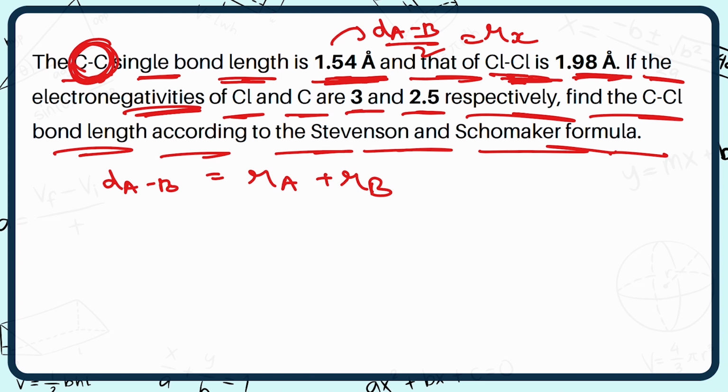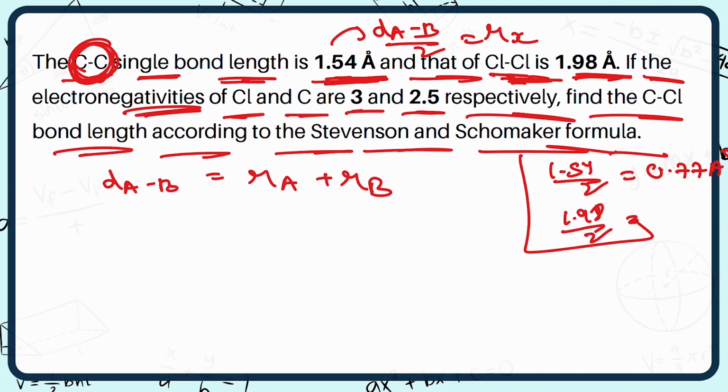Okay, so by this formula we can find it. 1.54 by 2 will be what? It will be equal to 0.77 angstrom, and 1.98 upon 2 will be equal to 0.99 angstrom. This is RA, this is RB. Very simple. Just put the value here.